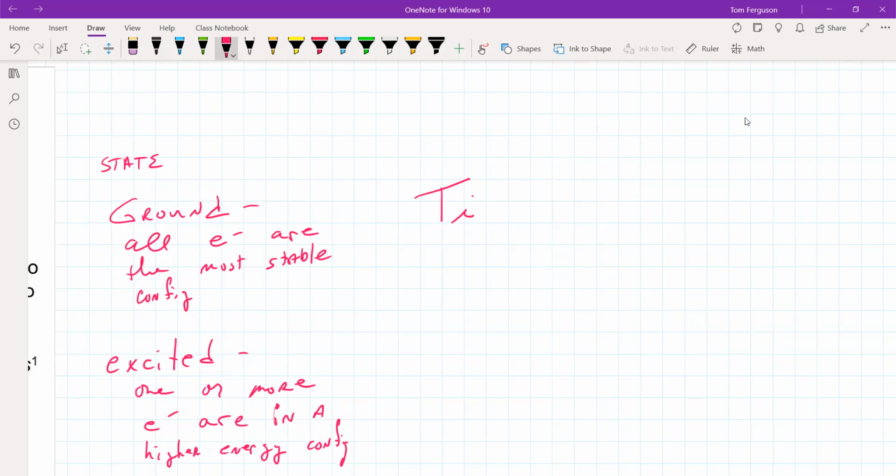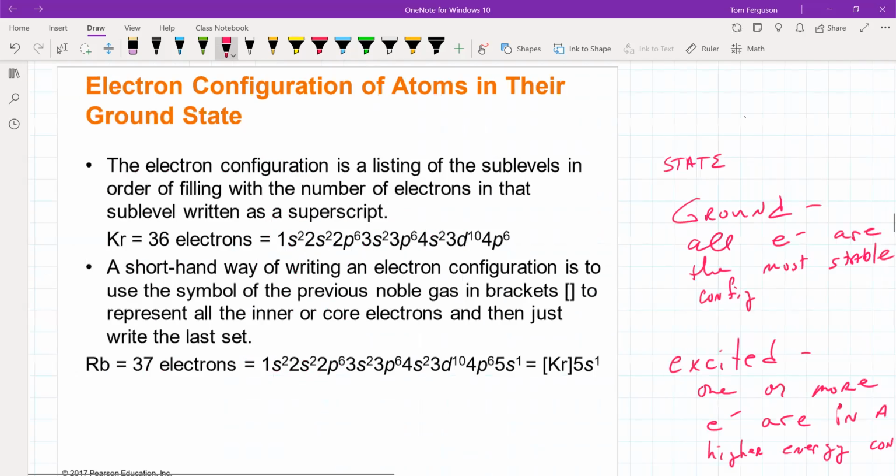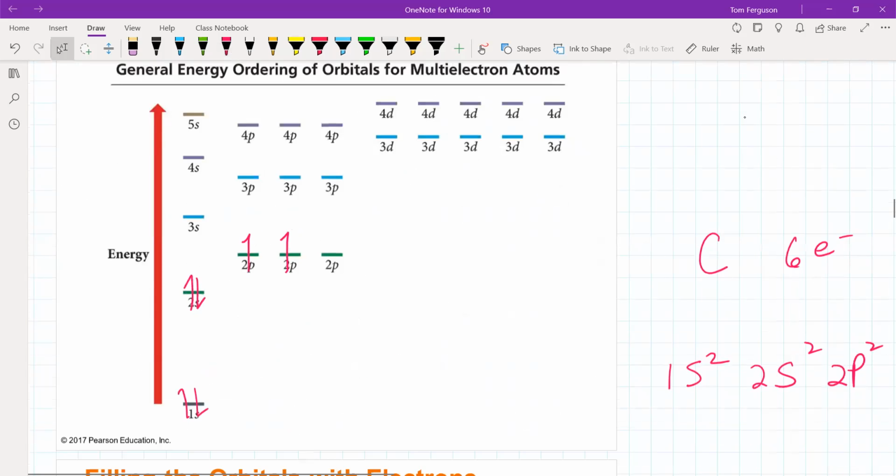Okay, so how many electrons total does titanium have? 22. Now we're going to use this chart over here to fill in 22 from the bottom up.